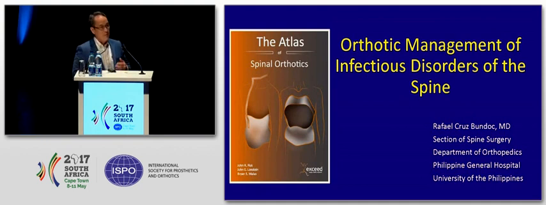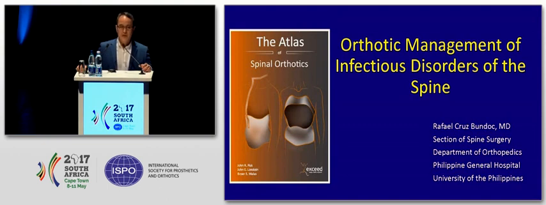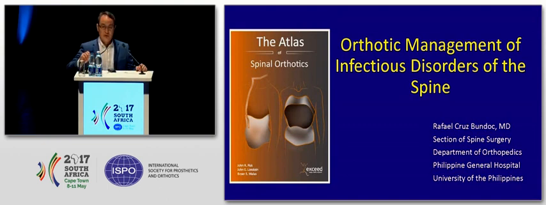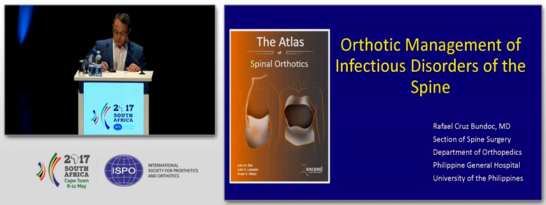So when we talk about controversies in the role of spinal orthotics in spinal diseases, probably one of the most controversial will be the efficacy or the utilization of spinal orthotics with regards to spinal infection. And it's just but fitting that this is a new chapter, because it doesn't exist at all in any other book about spinal orthosis.